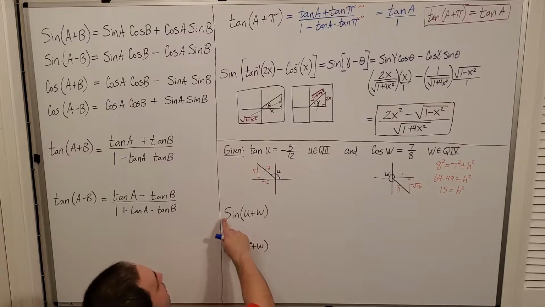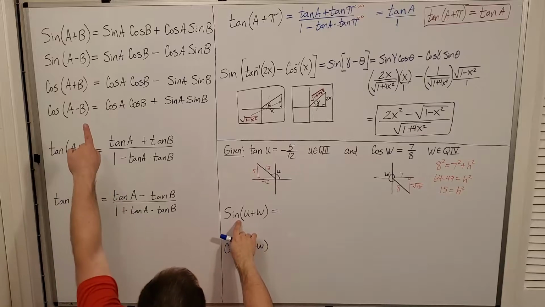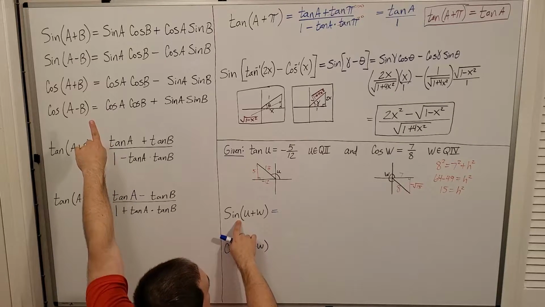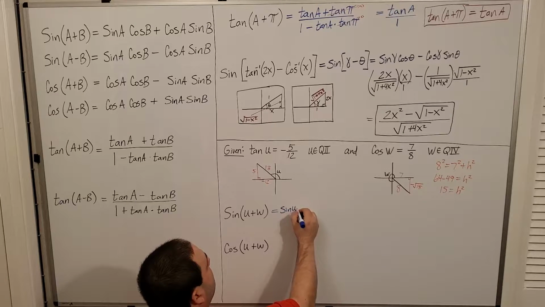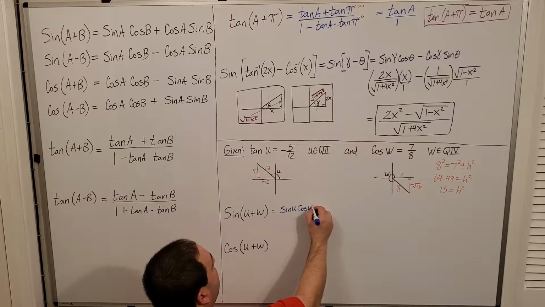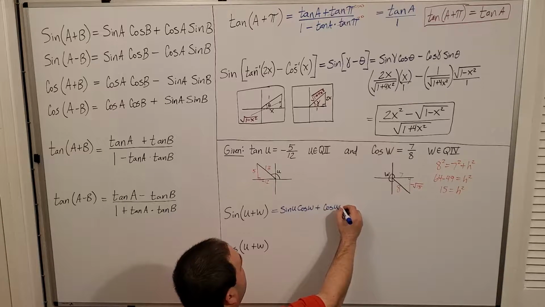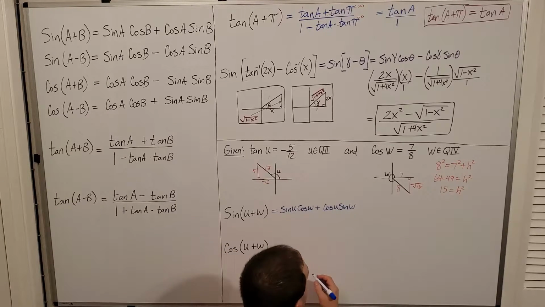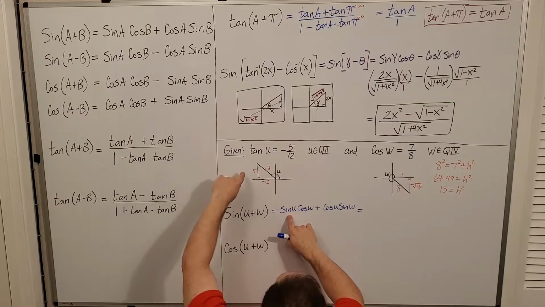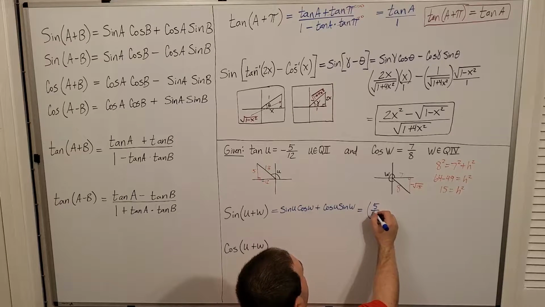The sine of u plus w is going to be equal to, now I'm using the sine of a plus b formula up there, so I need the sine of u, cosine of w, plus cosine of u, sine of w, right? And what is that going to be equal to here? Well, the sine of u is going to be 5 over 13, right?